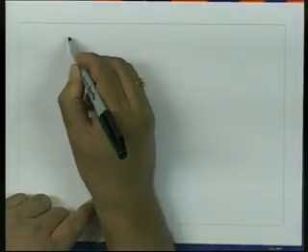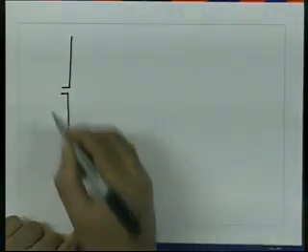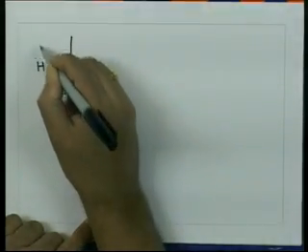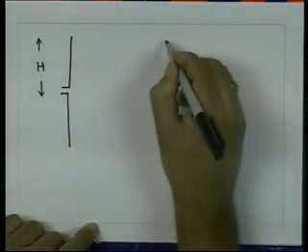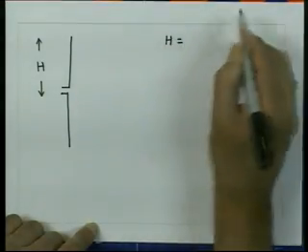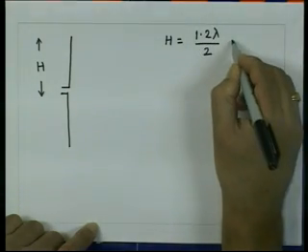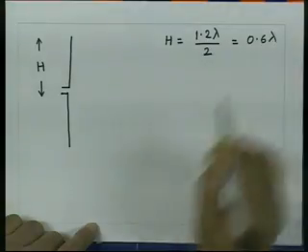Now, as we know, the dipole has a length of 1.2 lambda. So h, which is half this length of the dipole, is equal to the total length 1.2 lambda divided by 2. So that is equal to 0.6 lambda.